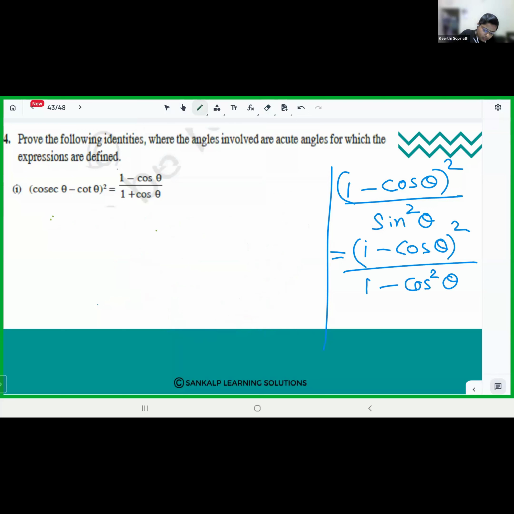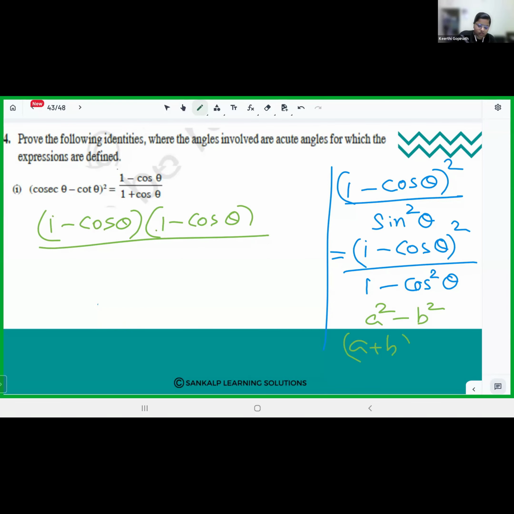1 minus cos theta the whole square is 1 minus cos theta into 1 minus cos theta, divided by 1 minus cos square theta, which is in the form of a square minus b square. So it can be written as a plus b into a minus b. So this can be written as 1 minus cos theta into 1 plus cos theta.